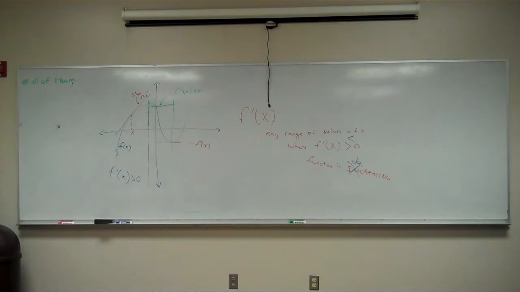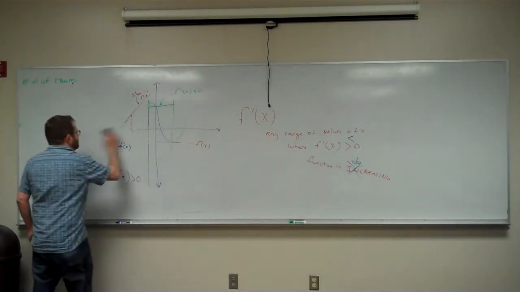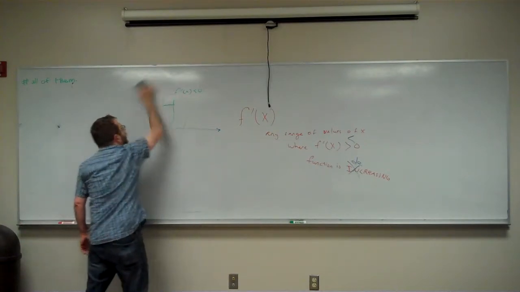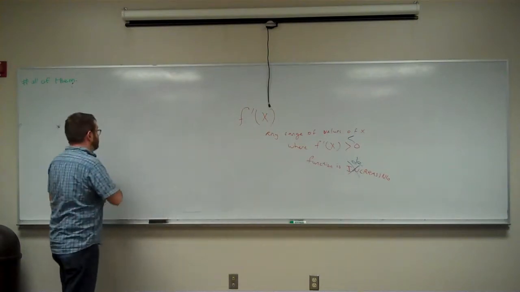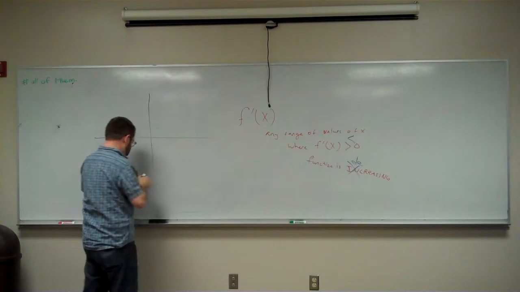But this idea that we should be able to draw a graph, and just from that graph come up with ranges over which we can think about what the sign of the derivative would be, is a good thing.